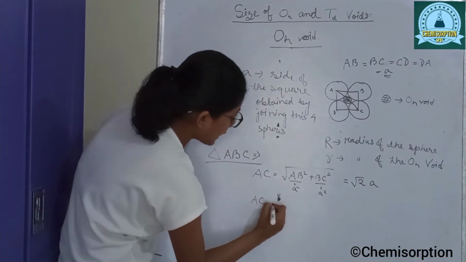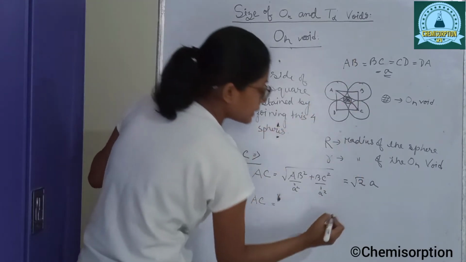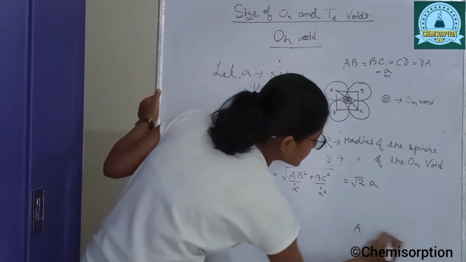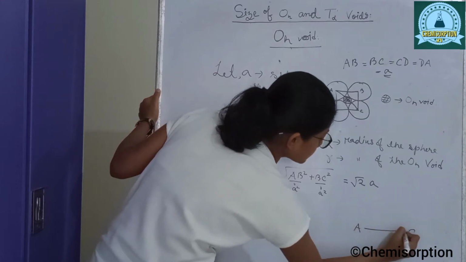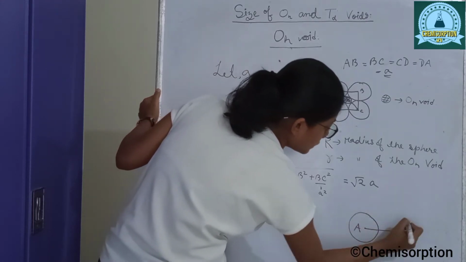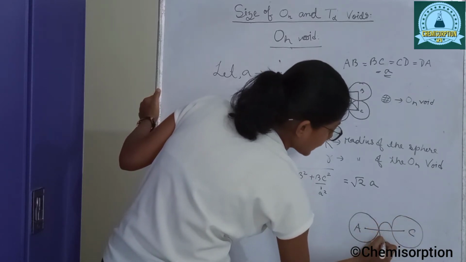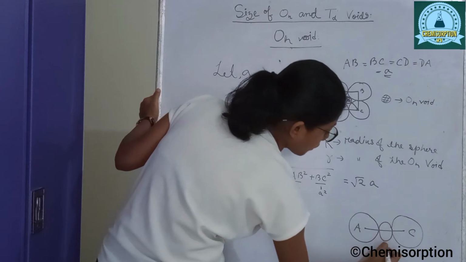Again, AC is, suppose this is AC, and at the center we have this octahedral void.